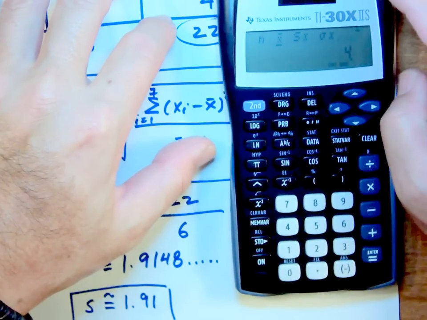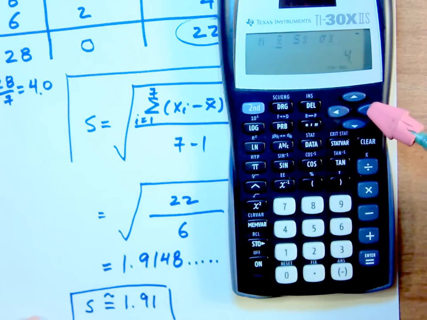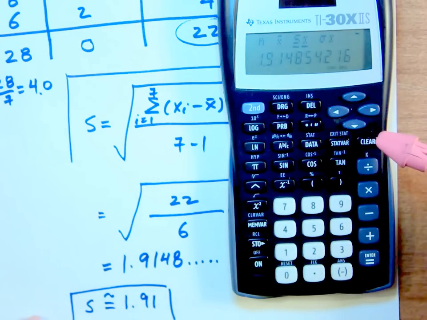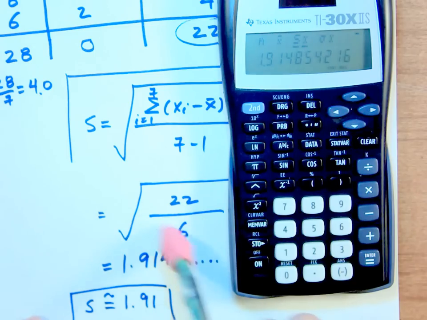It's 1.9148, and so forth, 1.91485. Which is supposed to be the square root of 22 over 6. If you remember, a variance is the radicand of this, which is 22 over 6, or 11 over 3.